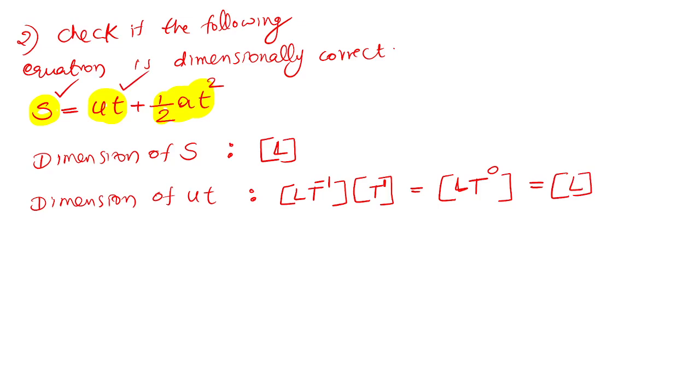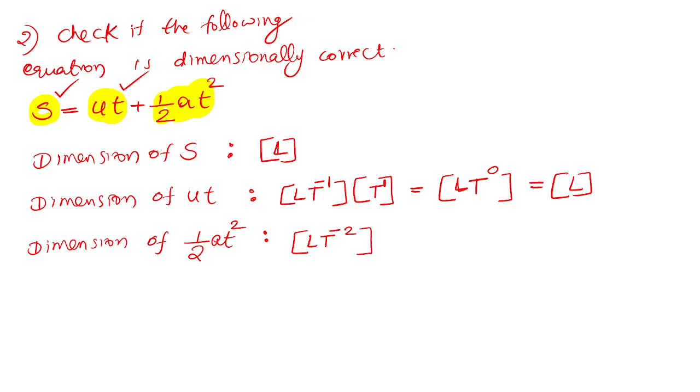Now half a t square is remaining. Half is just a number, it does not have any dimension, so we need not write it. A is the acceleration. In the previous class, we studied that acceleration has the dimension L into T raised to minus 2.